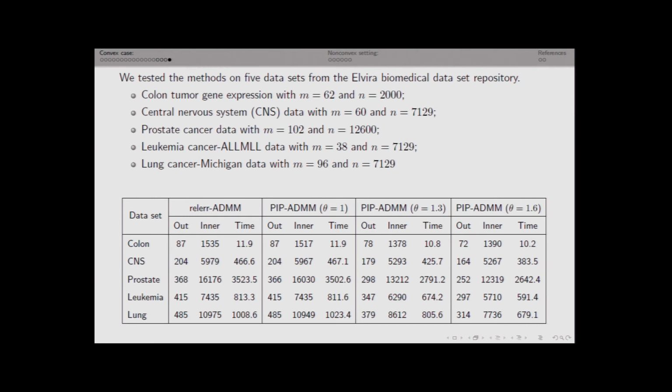If you have relaxation parameter 1.6, the numbers are a little bit better, okay? The inner, for example, in this case, you see are considerably different. This one also. So the number of iterations, even the outer and the inner, are still better, not as much as we would like, but it's okay.